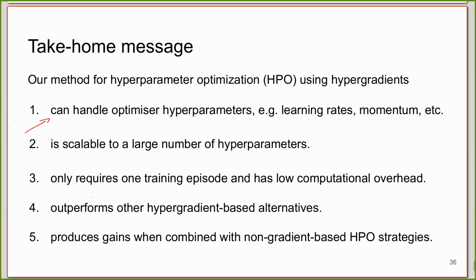It only requires one training episode, so it's an online method. You just train your model and jointly tune learning rates, hyperparameters, and weights. We have seen that it has outperformed other baselines, and you can also combine it with ASHA, for example, and then get even better results.